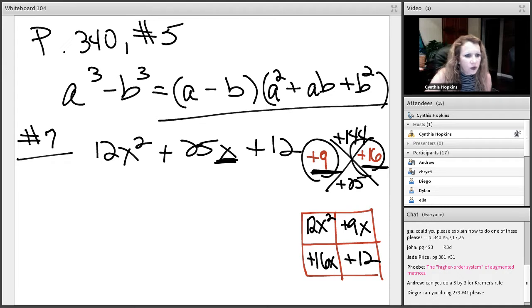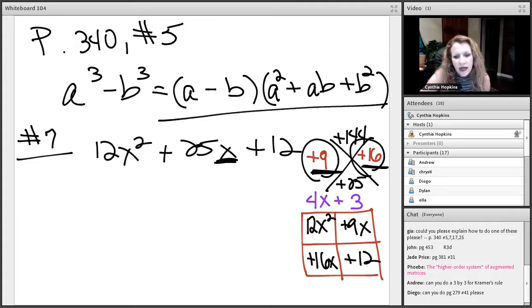Now I go up the first column. The 12x squared and the 16x, I'm looking for what's in common. There's a 4 and an x in common. Then the second column, there's a 3 in common. And since that top box is positive, that's a 4x plus 3.